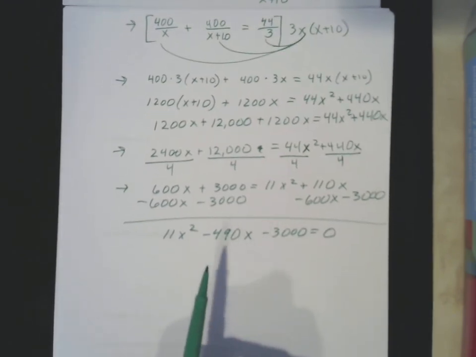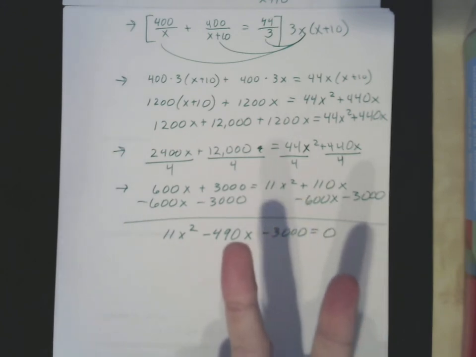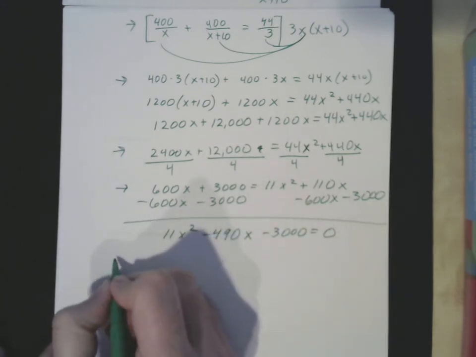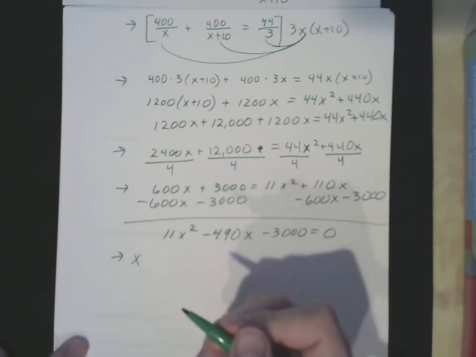So this definitely could factor, but I don't know if I want to play around with these big numbers. So we can complete the square, or we can use the quadratic formula. I'm going to opt to use the quadratic formula because I don't like completing the square that much. If you like completing the square, then go for it.